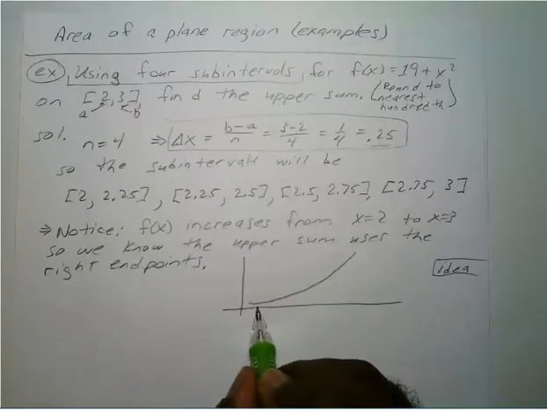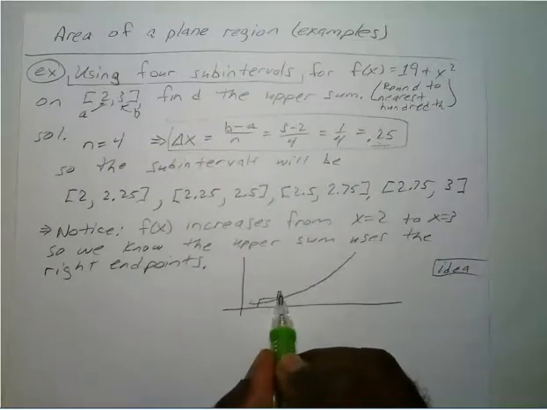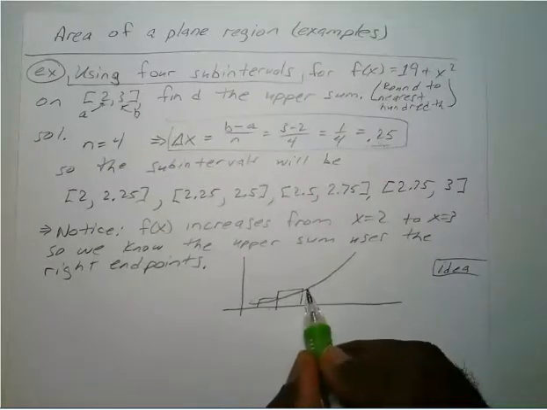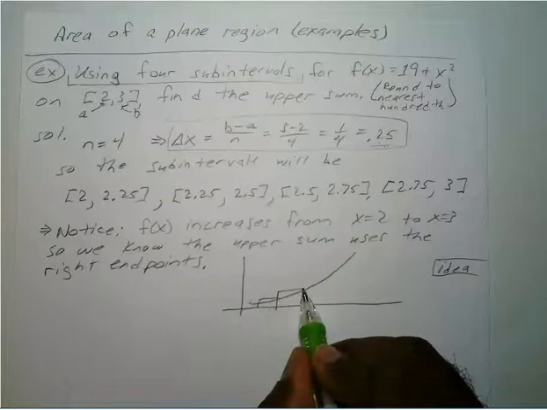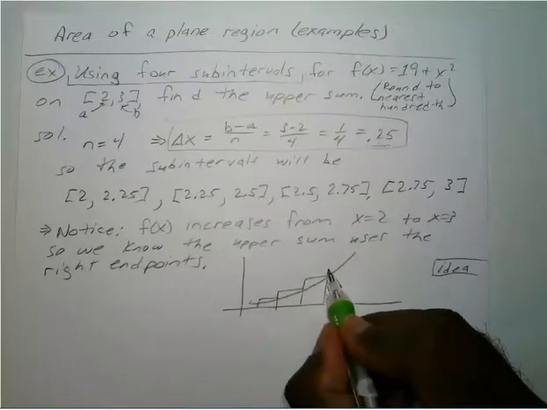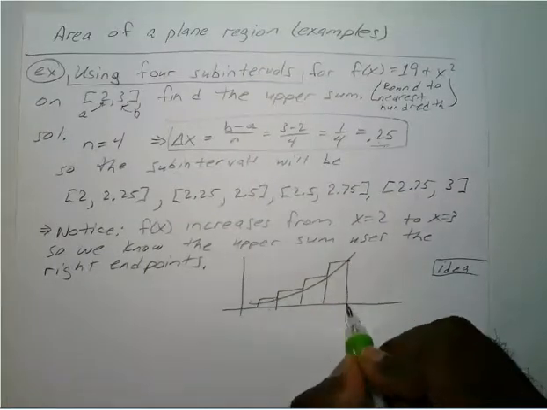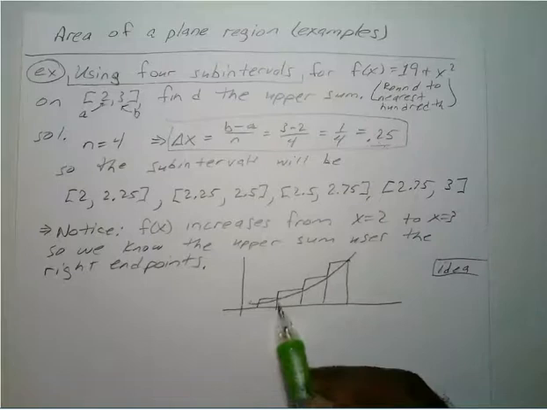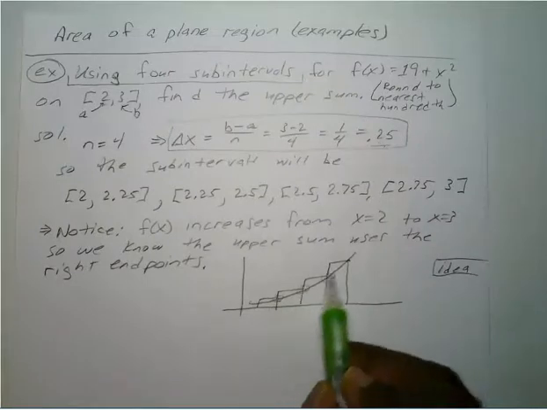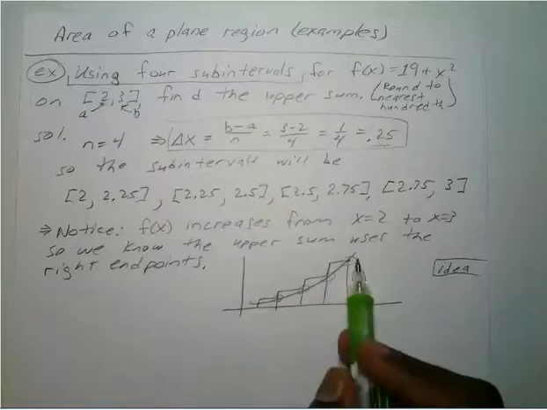So that means if we're going to go above the graph, this is how they are going to look. All of your right endpoints are going to be touching the graph.